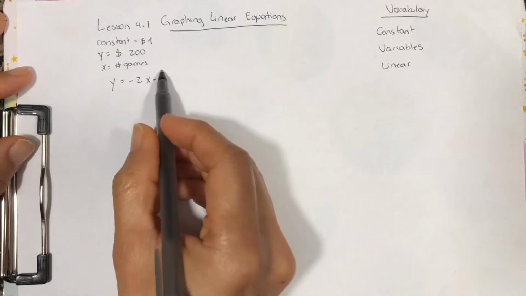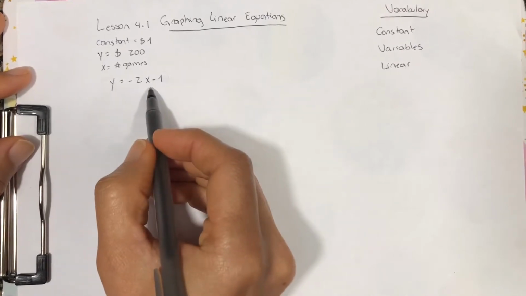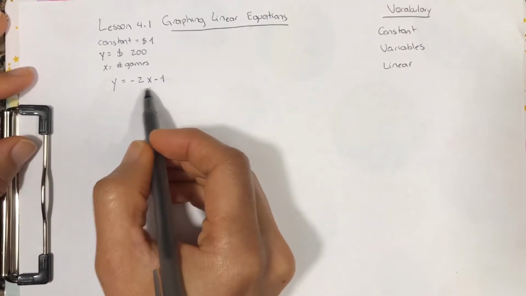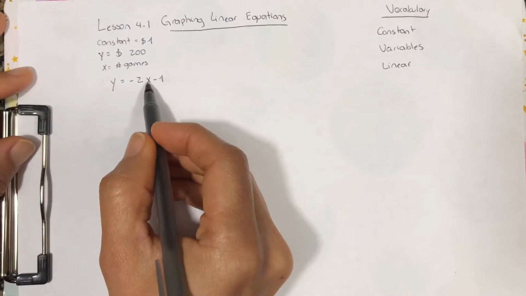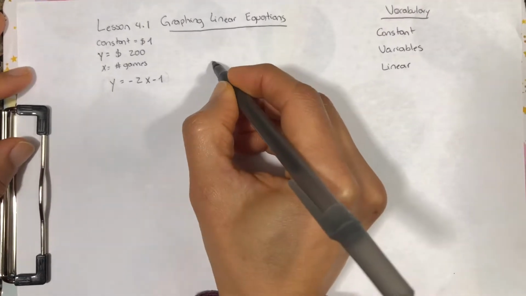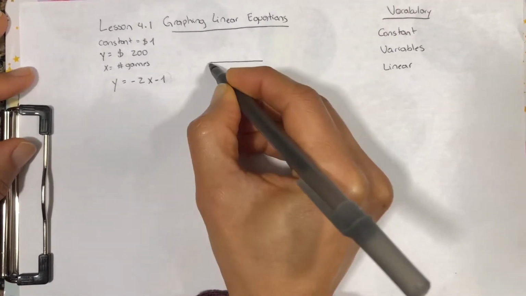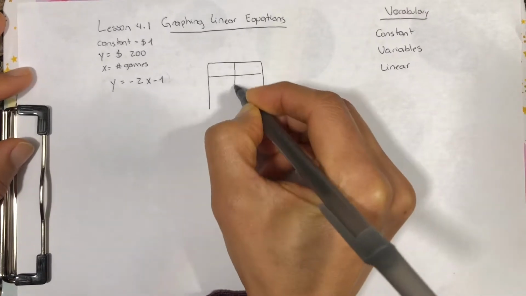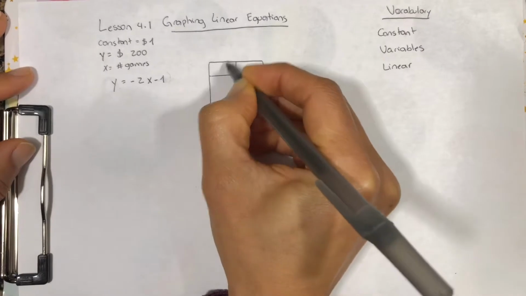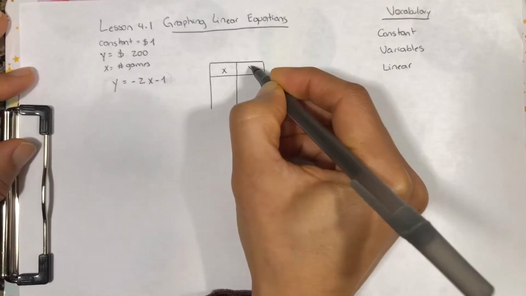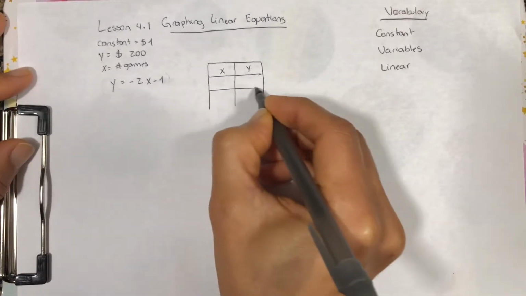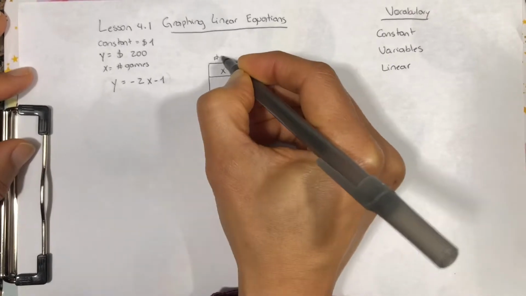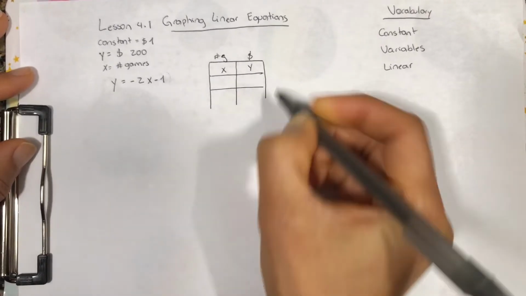So if I want to graph this equation, I have to assign numbers. So let me make a table over here. This will be x and this will be y. Number of games, and this is the amount of money that I will spend.